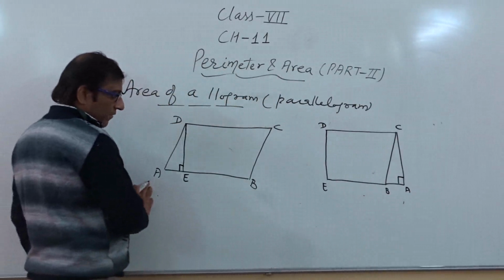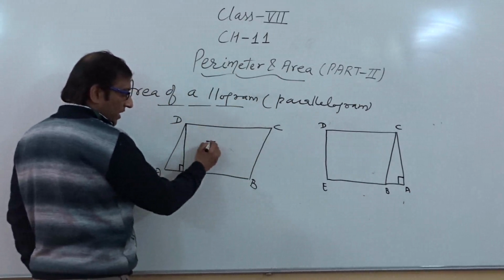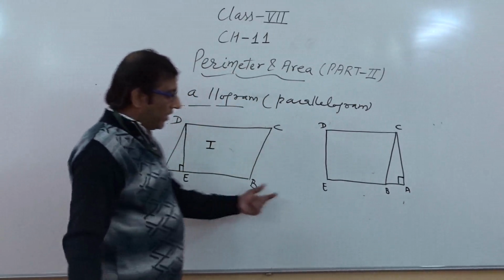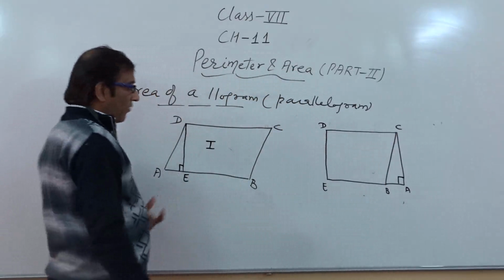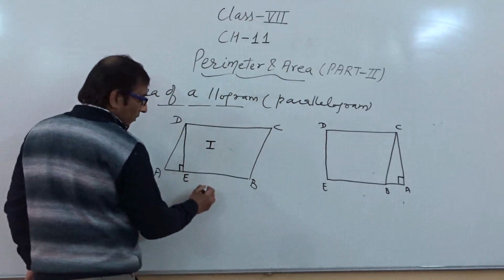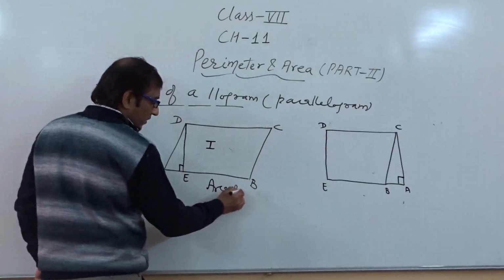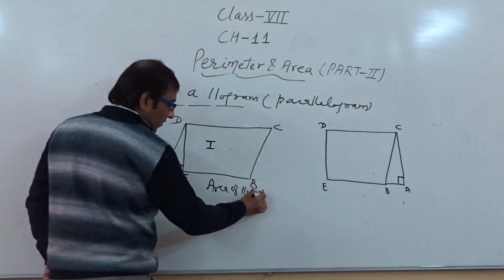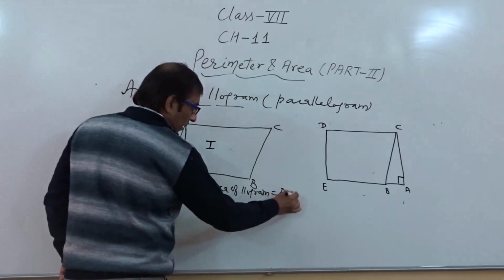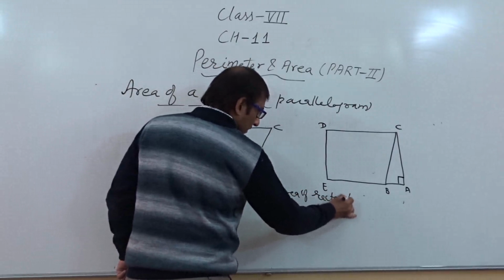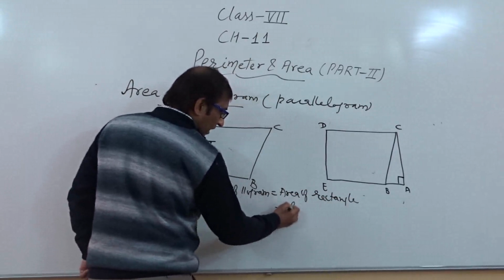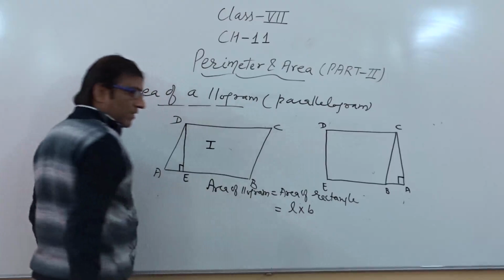So in the first diagram ABCD is a parallelogram, and if we see here, EBCD is a rectangle. That's why we can say area of a parallelogram is equivalent to area of rectangle. So what is area of rectangle? Length into breadth.